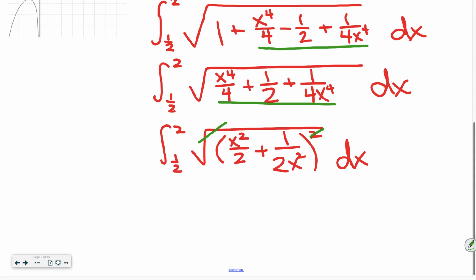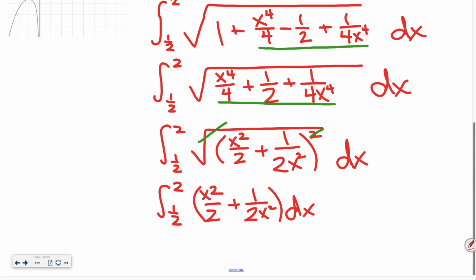So really what we have to worry about is the integral from 1/2 to 2 of x squared over 2 plus 1 over 2x squared. And that is something really neat. Isn't that beautiful? How it worked out that way?